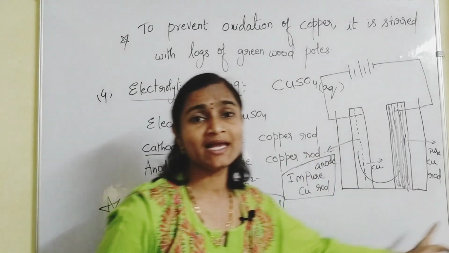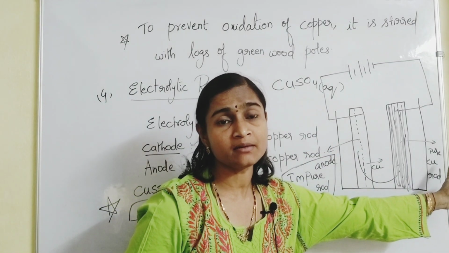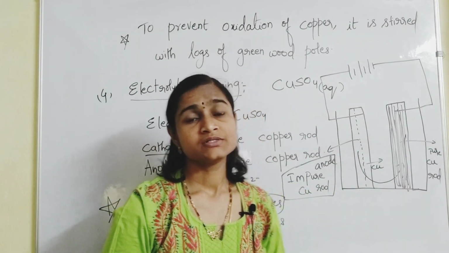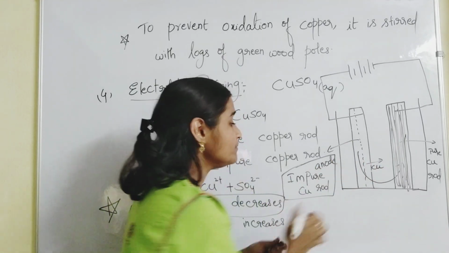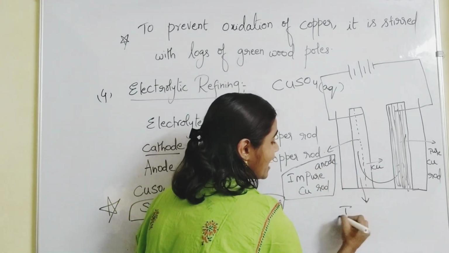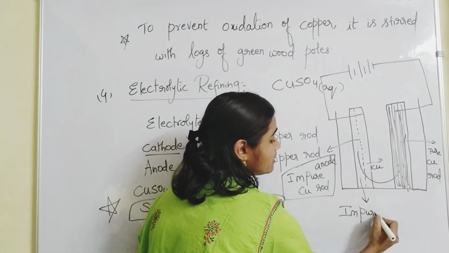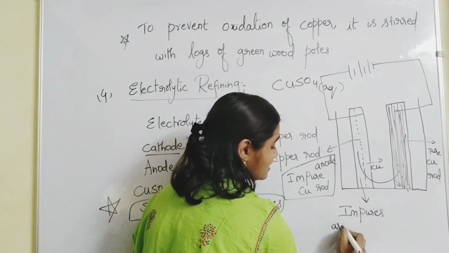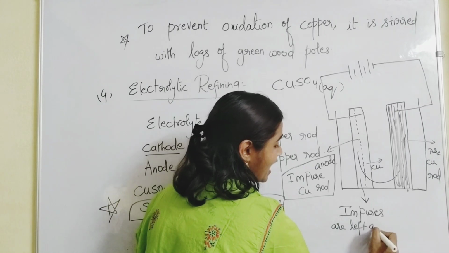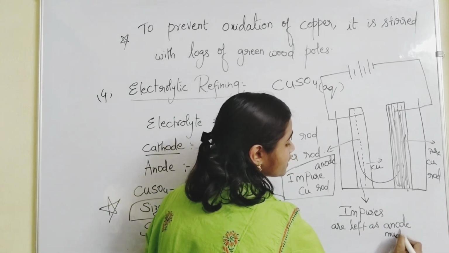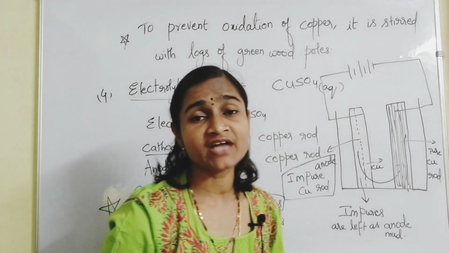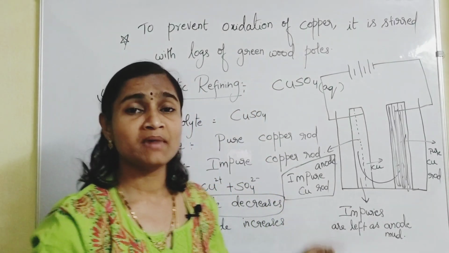Copper keeps melting and going near the cathode, and all the impurities are left behind as anode mud. Please remember this point: impurities are left as anode mud.